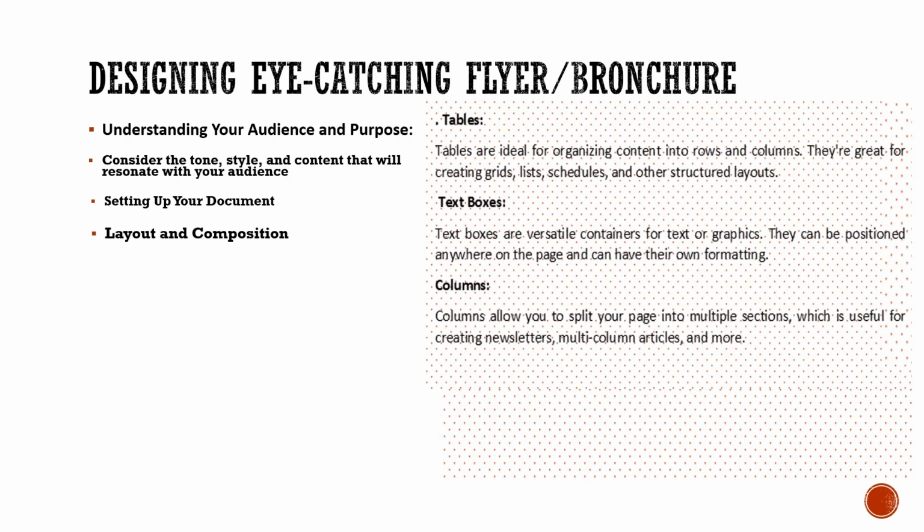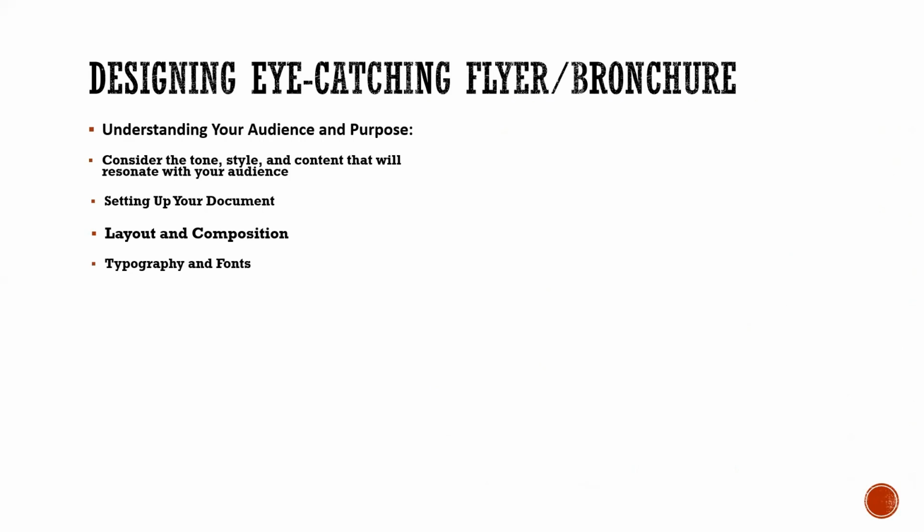So by combining tables, text boxes, and columns, you can create a well-structured and visually appealing layout that effectively conveys your message in your flyer or brochure. Having said that, let's now go to the typography and fonts.